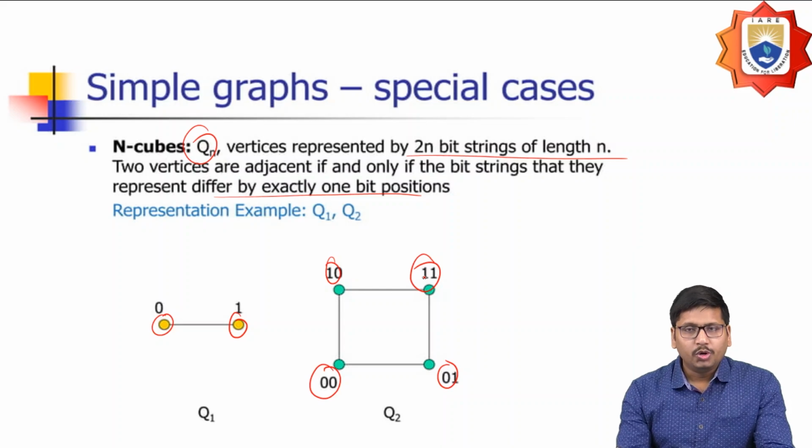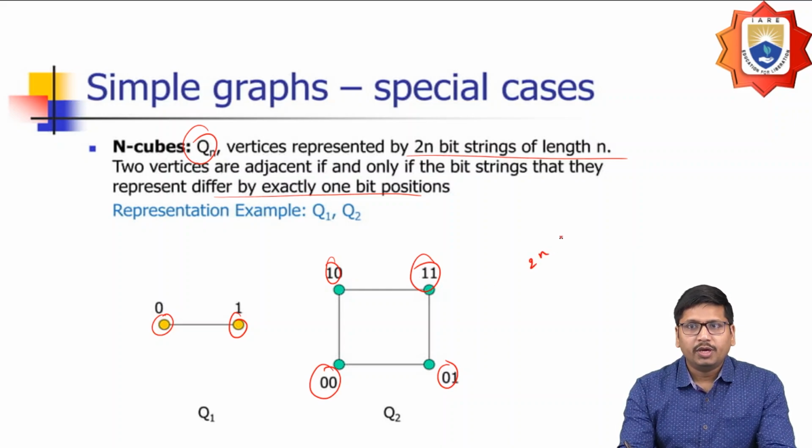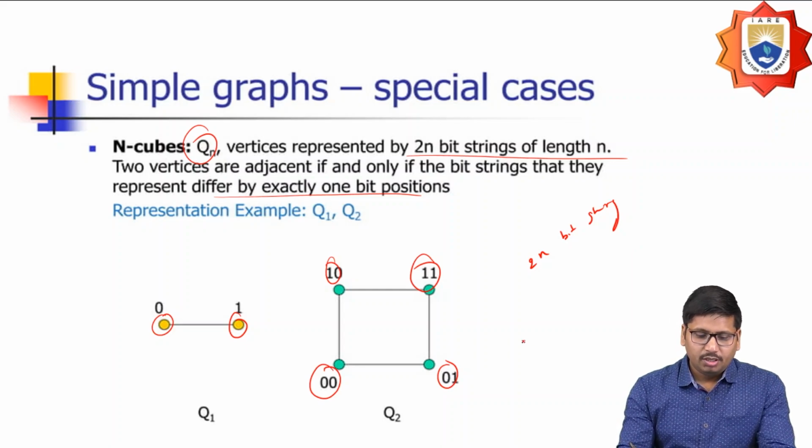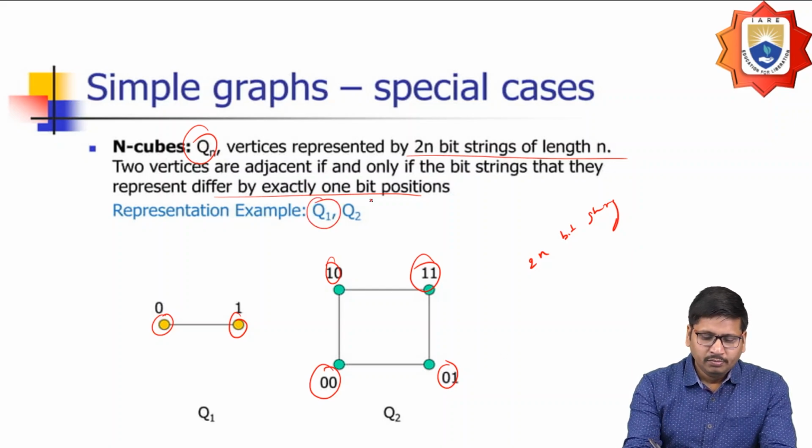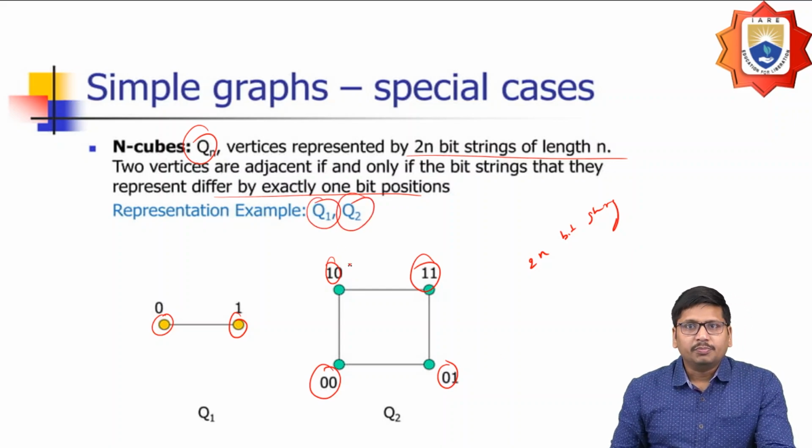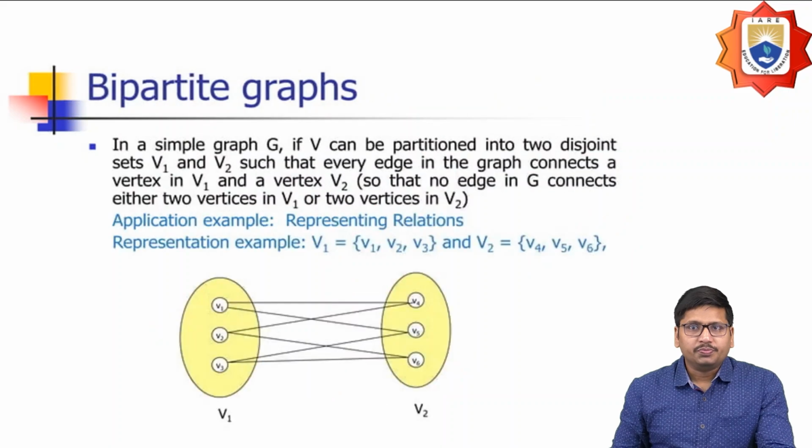So the n-cube is represented in the form of 2^n bit strings of length n, where two vertices are adjacent if and only if the bit strings they represent differ in exactly 1 bit position, and these n-cubes are represented by Q1 and then Q2.